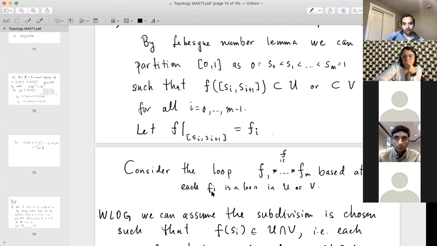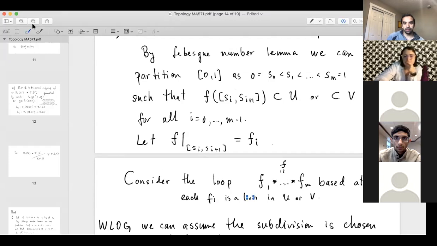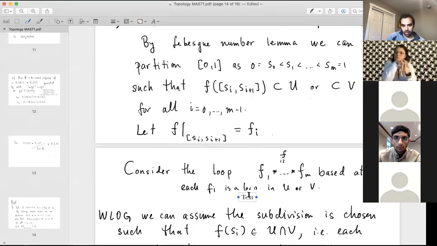So this is wrong, I wrote this wrong. It's not a loop, it's a path. It might not be a loop in U. So this is a path in U or V.